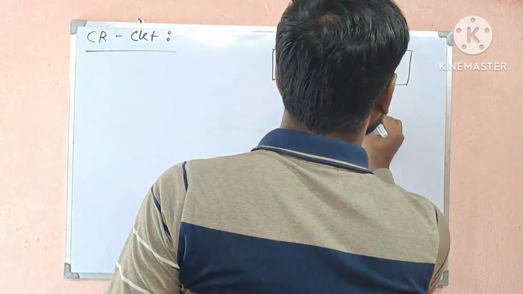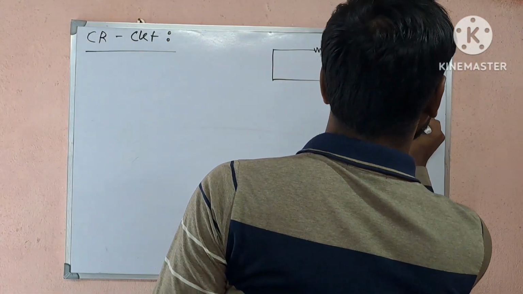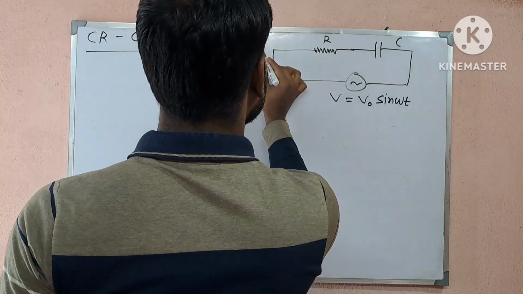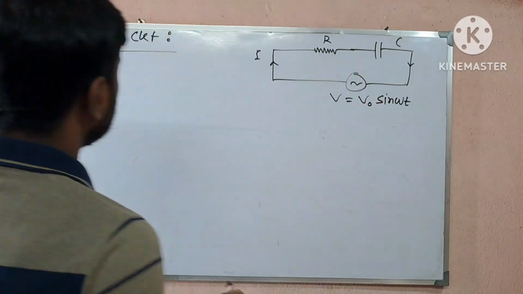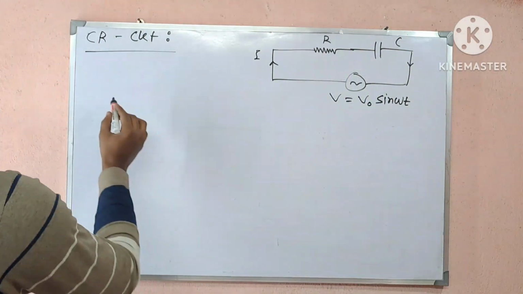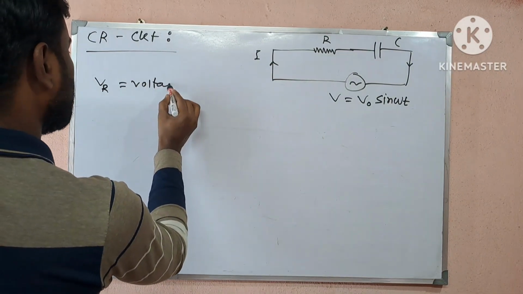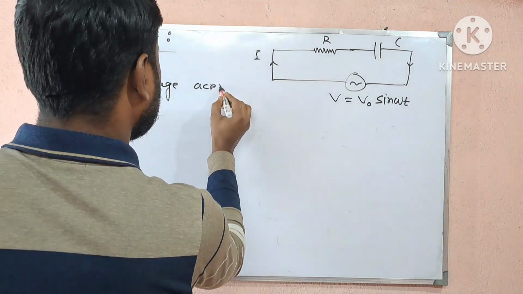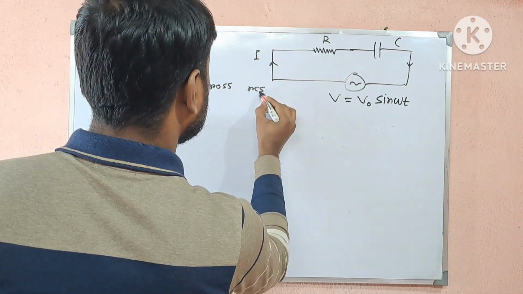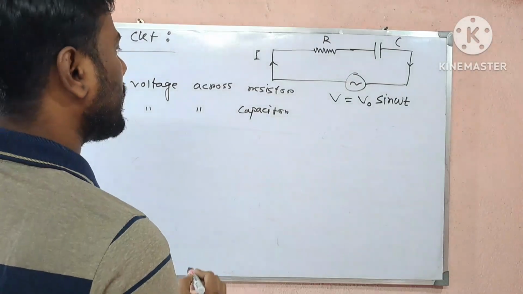Then V equal to V0 sin omega t is the applied voltage, and at any instant t, I is the current in the circuit. So here VR is the voltage across the resistor. VC is the voltage across the capacitor.